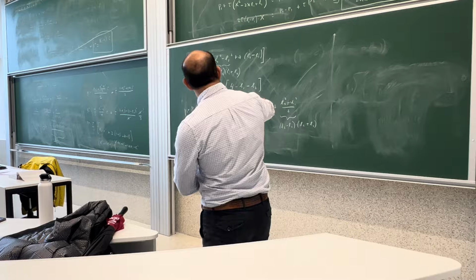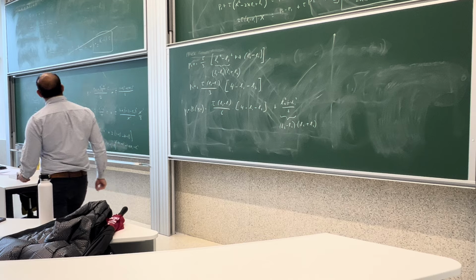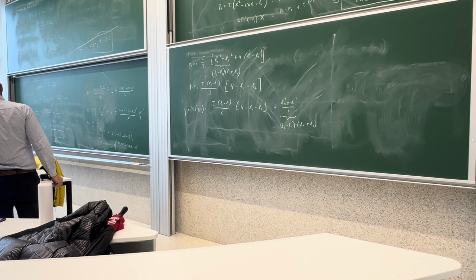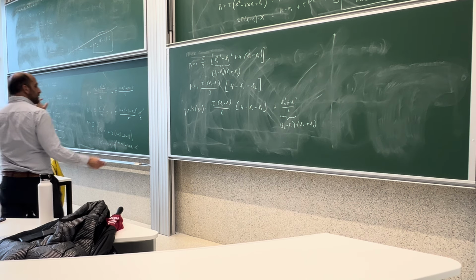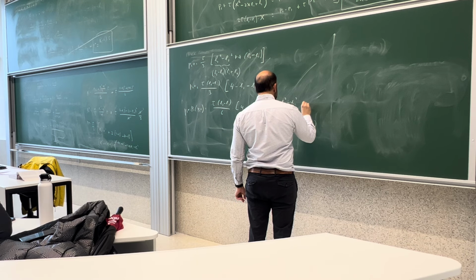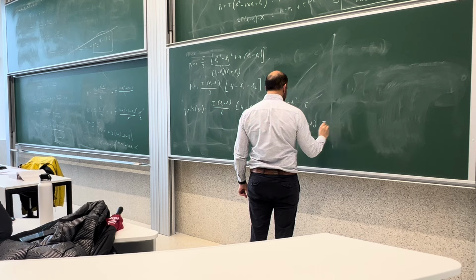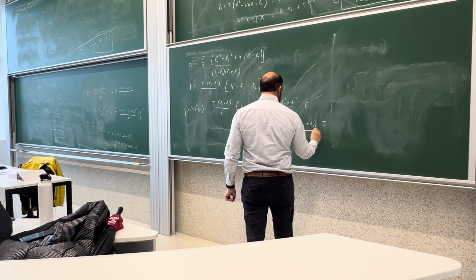And there was no tau here? I was just about to ask if we need to put times tau or not. Yes, there is a tau, times tau. Otherwise we'll be in big trouble. So times tau and this over 2.